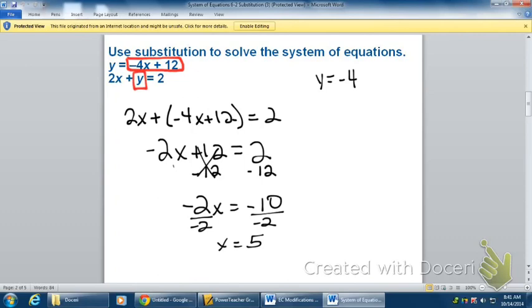So what am I going to substitute in? 5. Good. All right. So negative 4 times 5 gives me a negative 20. And this is going to give me a negative 8. So my solution would be written as 5 and negative 8.